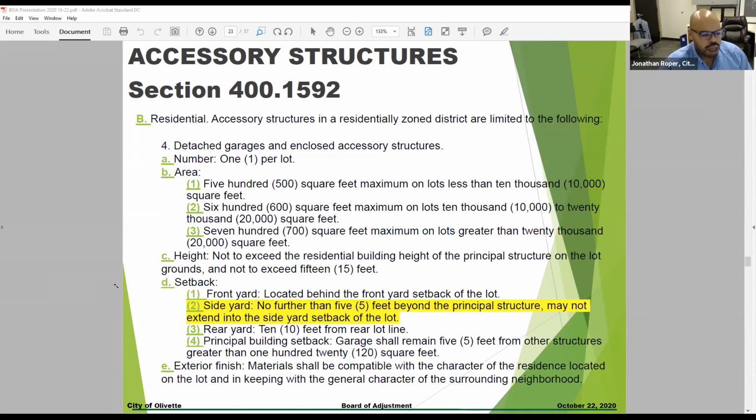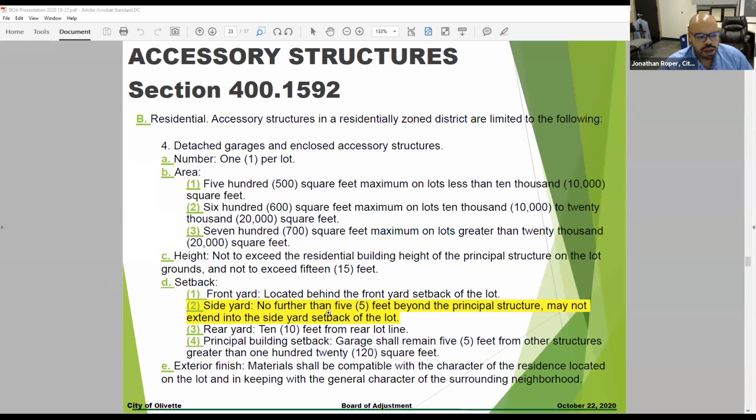Thank you, sir. For accessory structures, this goes to the same section, section 450-92, where if you have an accessory structure that's over 120 square feet, then you are required to have the side yard setback of the lot.